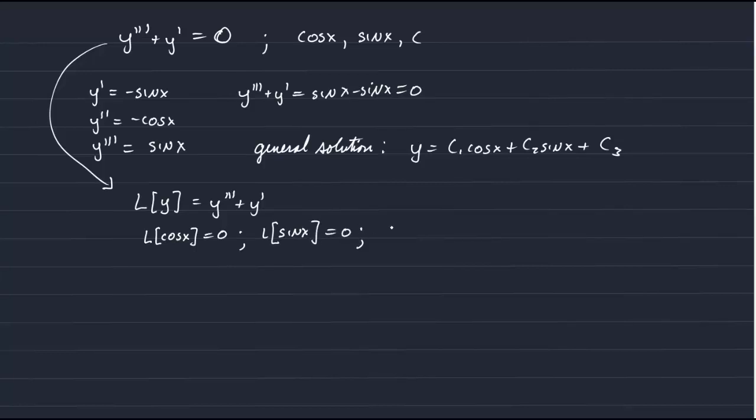And of course, when we take derivatives of constants, that gives 0. Again, verifying the principle of superposition, if these are individually 0, the linear nature of the operator allows us to state that the sum of linear combinations of those functions is also a solution.